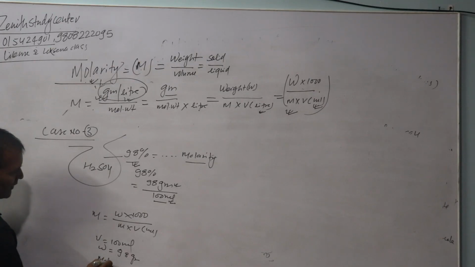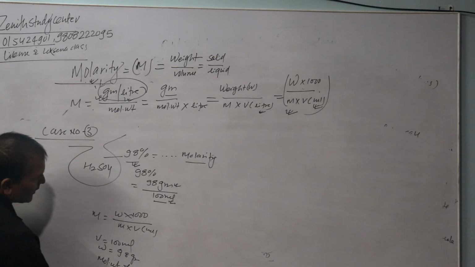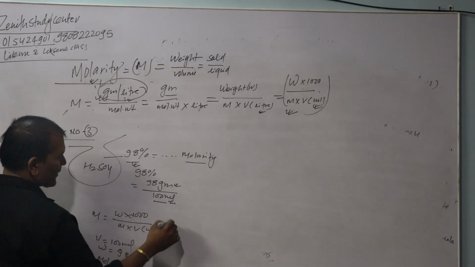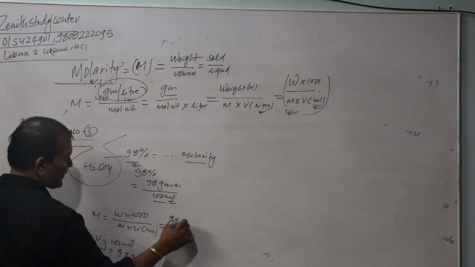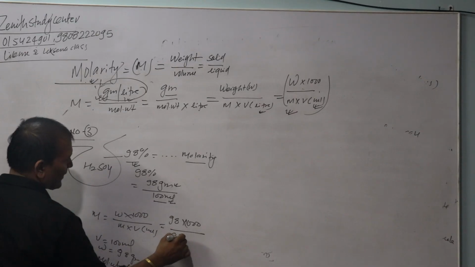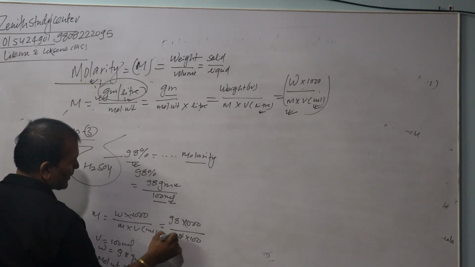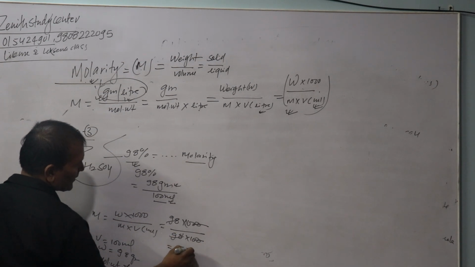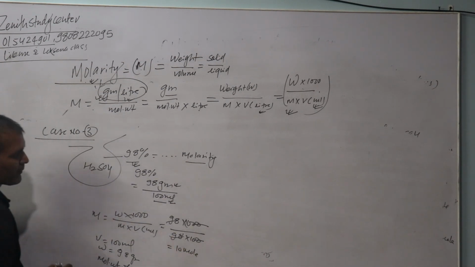What is the molecular weight of H2SO4? 98 gram. So we put the values here: 98 into 1000 by 98 into 100. 98 cancels 98, and after calculation, 10 molar.